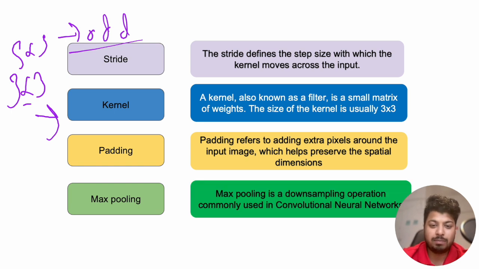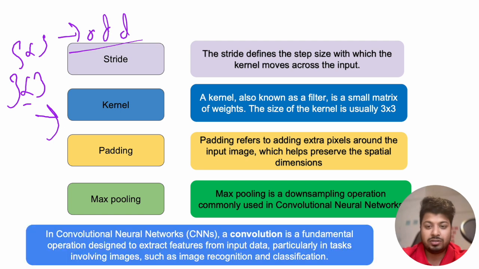Max pooling is a downsampling operation commonly used in CNN neural networks. It is really important if your image size is getting bigger and you want to downsample it. We also have one more approach called average pooling, where instead of taking the maximum value, you take the average of that matrix.